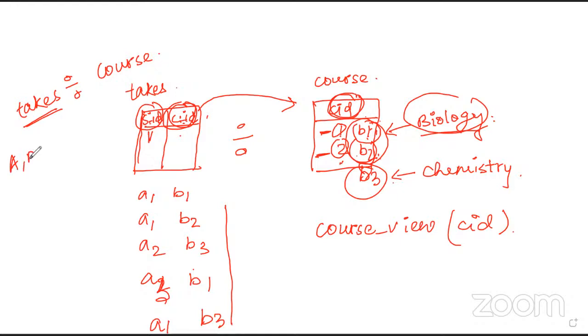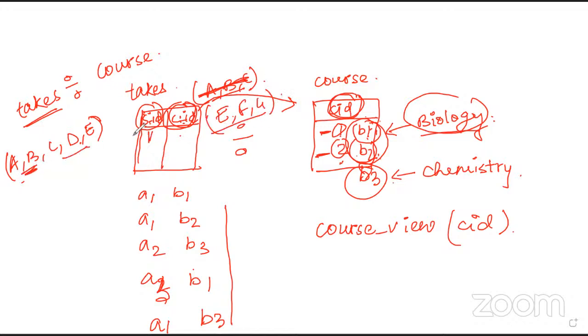Suppose the attributes A, B, C, D, E are present in takes. Then course should be like A, B, C, right? You cannot perform the division if it's like E, F, G, right? So whichever attribute is present here should be present here also, or need to be a proper subset.